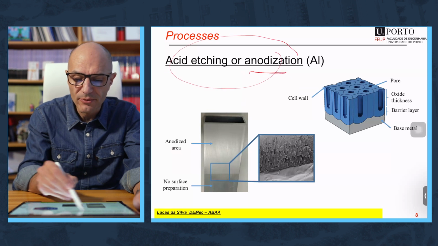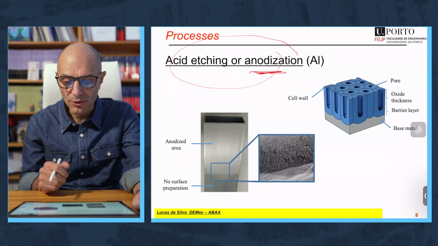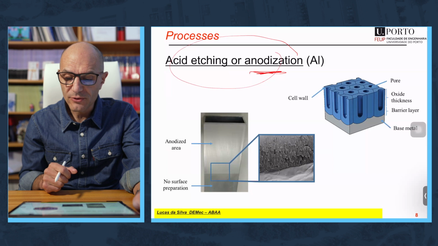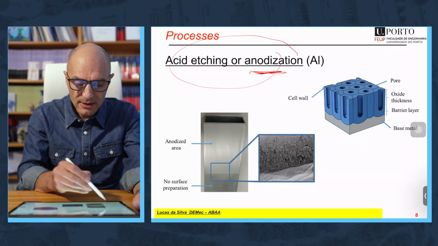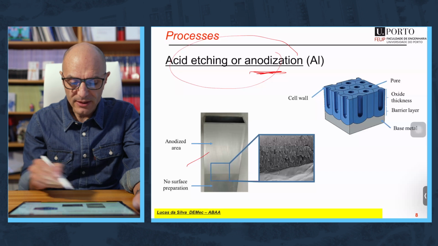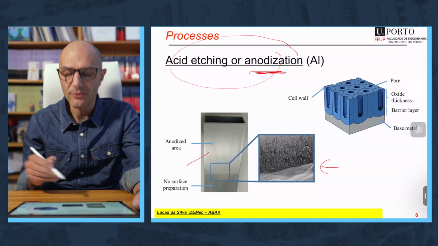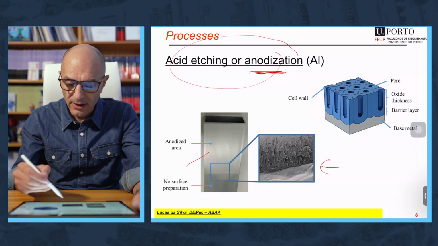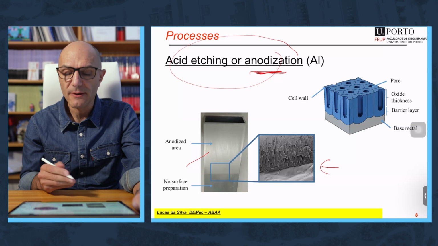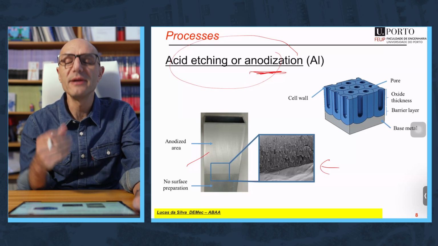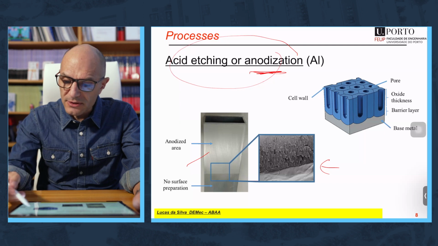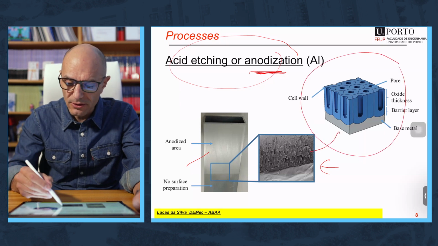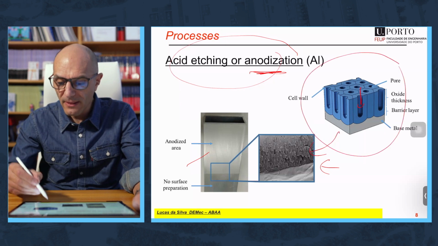Let's give an example for the metals of an active process that would be acid etching or anodization. It's the same, but with anodization, it's more controlled. And what we are left with at the end of the treatment is this surface, very bright. And at the surface, if you observe with scanning electron microscopy, you observe this very porous oxide, very strong, very resistant to corrosion, very firmly attached to the base, and porous. And you have here a scheme of how this looks. You see all these pores here, firmly attached.